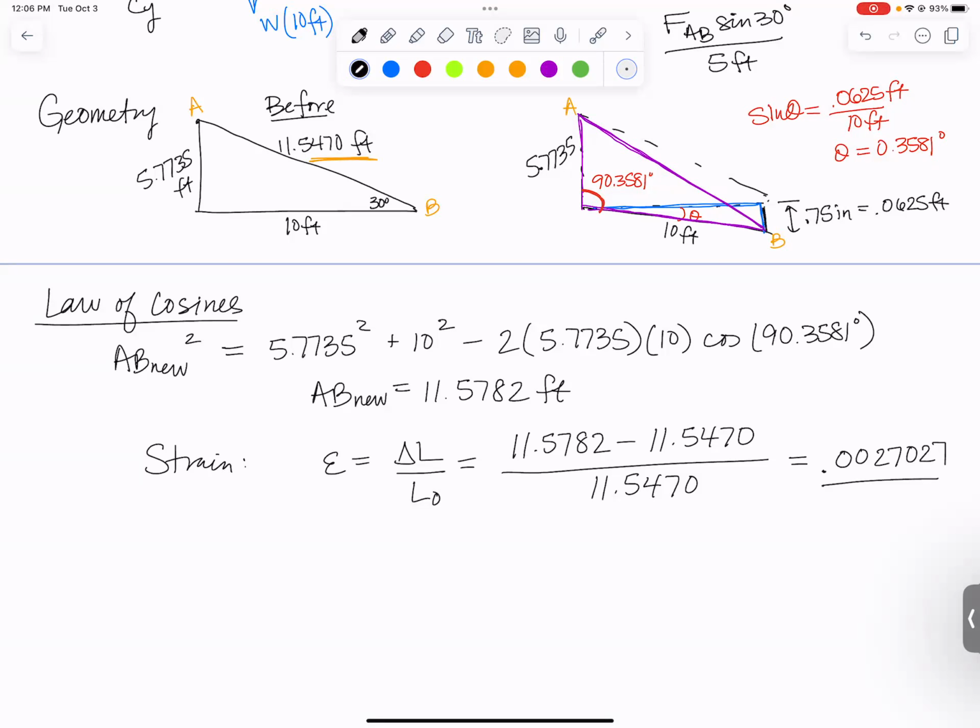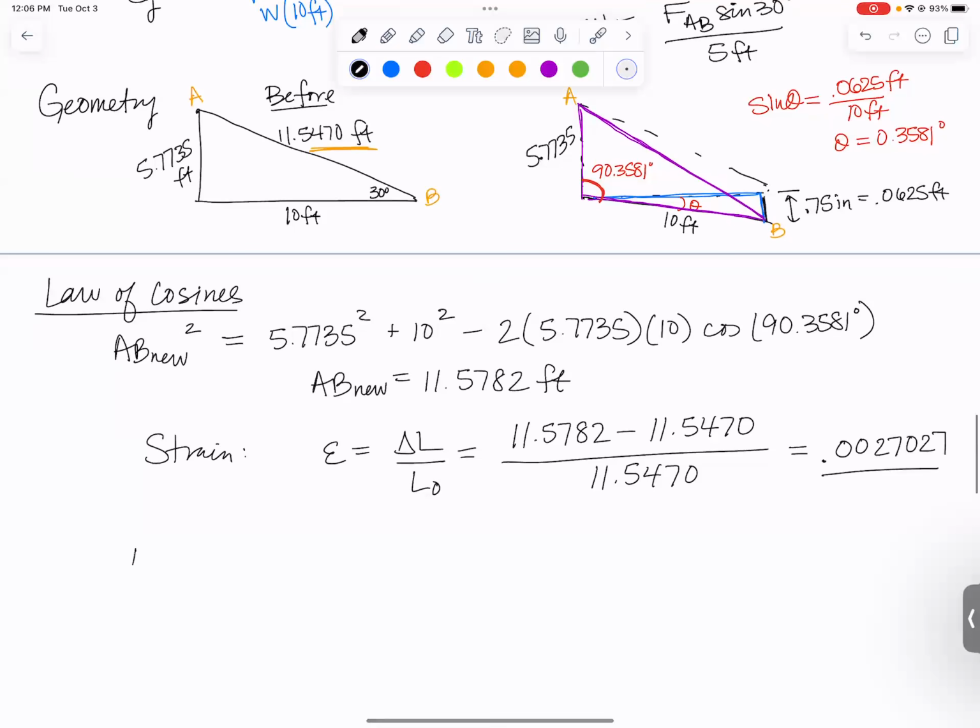Now that I know the strain, somebody told me this was made of A36 steel. Okay, here's a table lookup. You flip to the back of the book, and there are 2 tables in the back of our book. One is for US customary units, the other is for SI units. So I want to look at the US customary units. And under steel alloys, it has a listing for structural A36 steel.